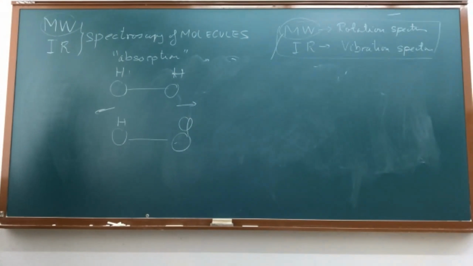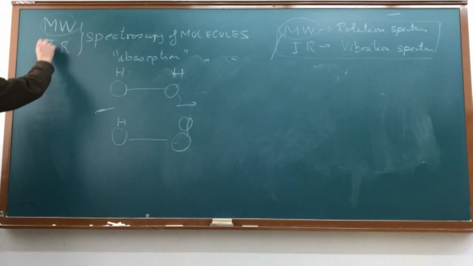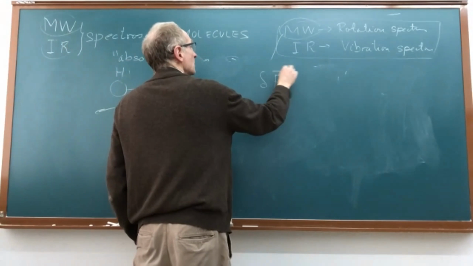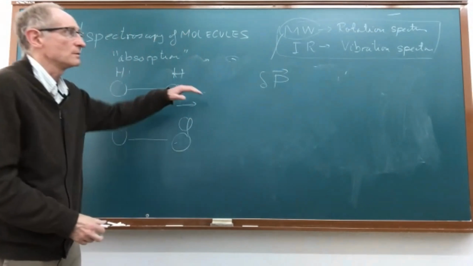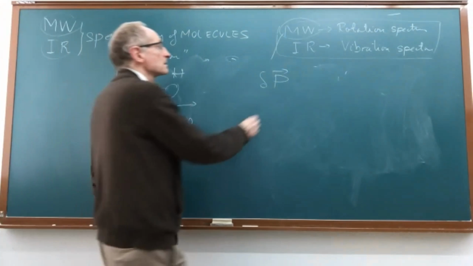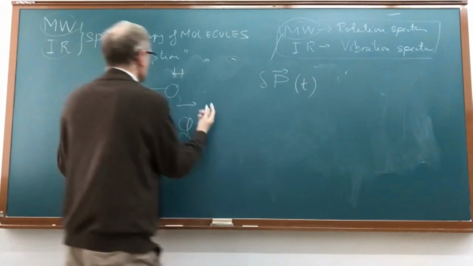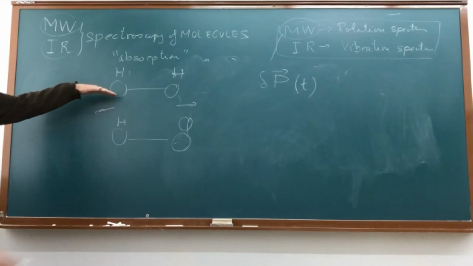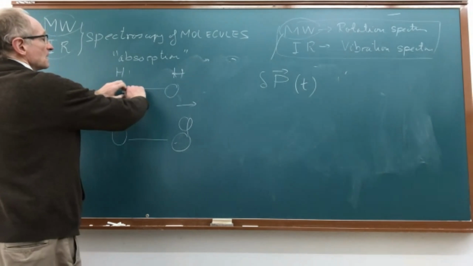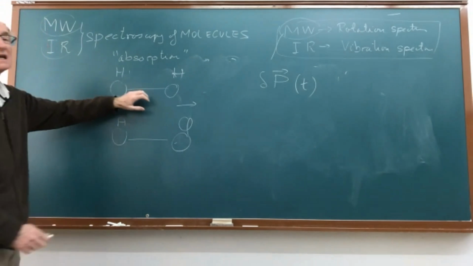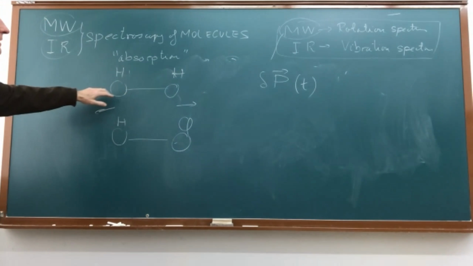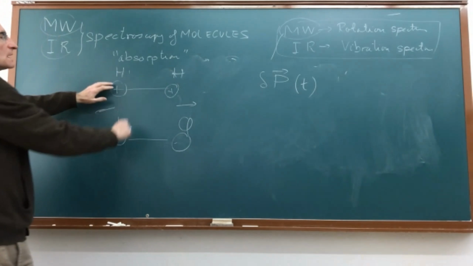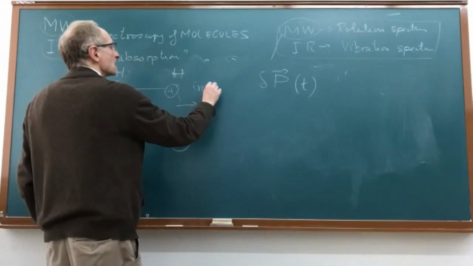So basically, in order to have infrared activity, you need delta P, not P0. P0 doesn't matter. You need something that oscillates due to the vibration of the molecule. Now, in the case of hydrogen, you see that when I separate the atoms, I don't create any oscillating dipole, because there is no dipole moment here. So this is inactive.